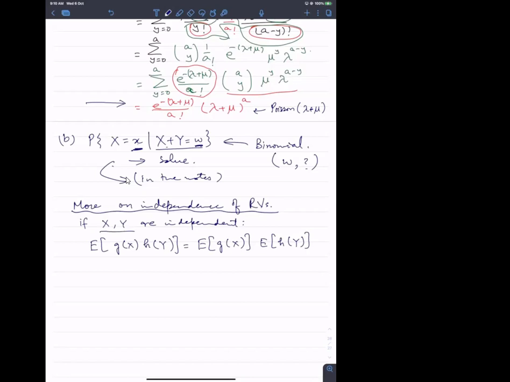The product of x and y's PMF would give you the joint PMF of x and y.